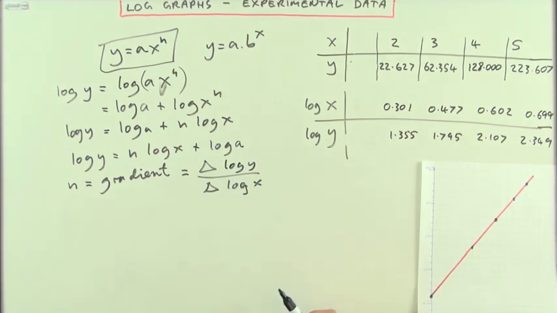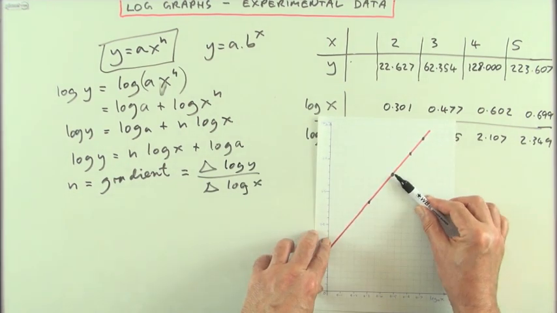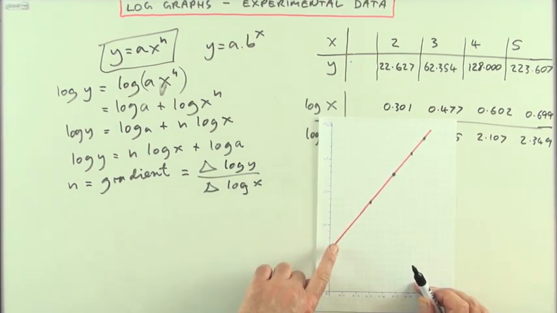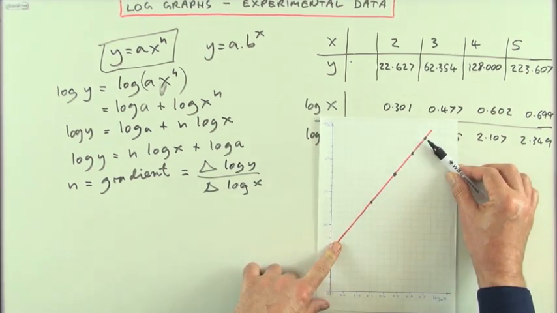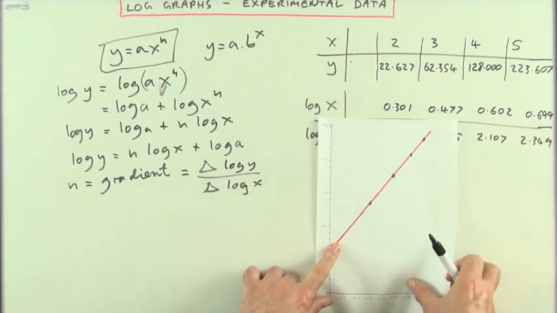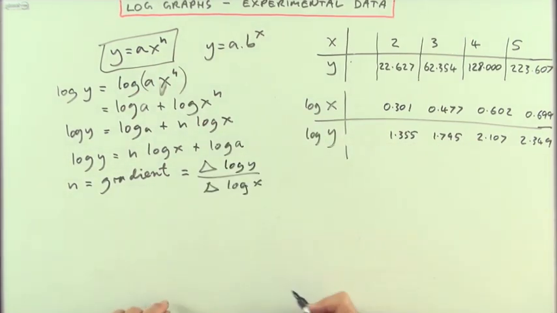Well, I'll just go through the same process here. I'll get the gradient, but this time I'll have to use two other points, and then in general, even though these points all lay exactly on the line, they might be scattered, and of course you wouldn't have that first one. So you'd pick two good points on it, and then use those two good points to work out n and a.